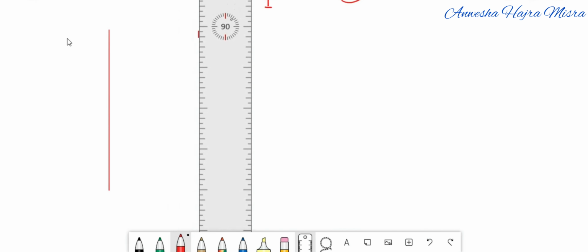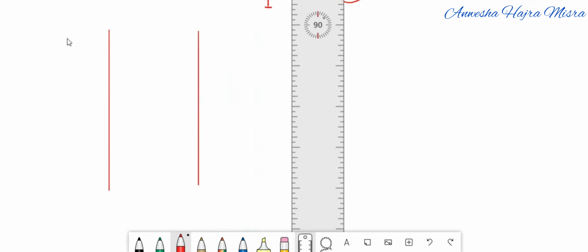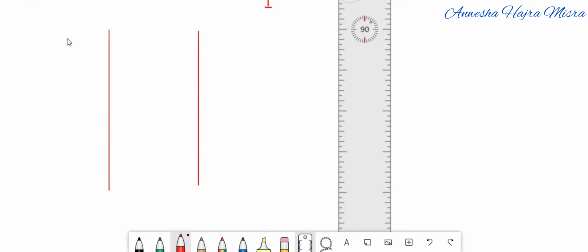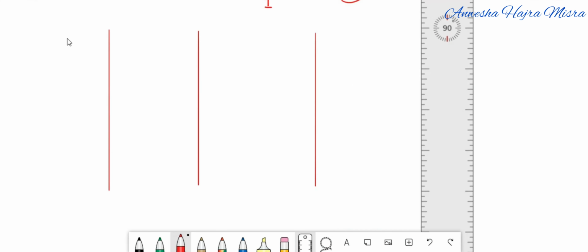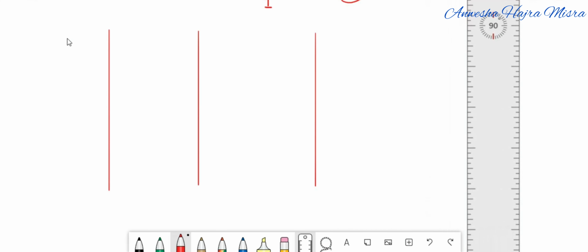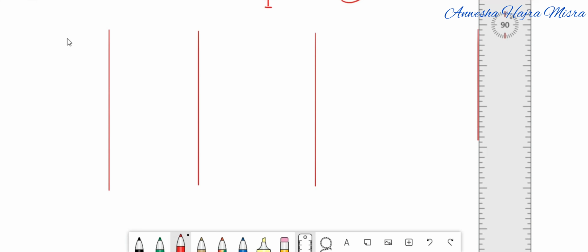Here I write down the physical quantities. Here I write down the translational values. And here I write down the rotational values.